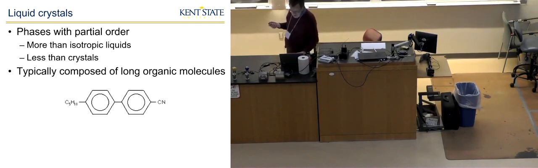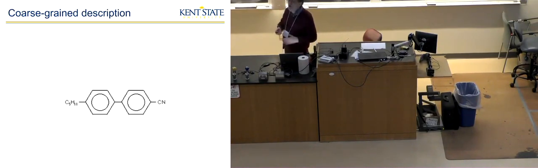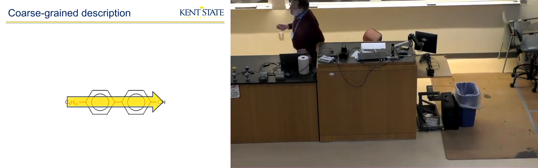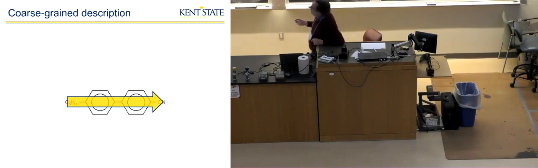Okay? And if you want to take a coarse-grained physical view as opposed to a molecular view, you might say that this object looks sort of like an arrow. It has some characteristic orientation, right? It's pointing in some direction.